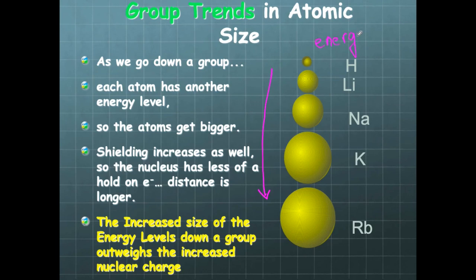Well, we know that the energy level is increasing. So there are 3 factors. Again, remember, atomic size depends on 3 factors. Energy level is increasing. Yes, the number of protons in the nucleus is increasing, but energy level plays a much stronger role in the size as compared to the nuclear charge as we move down a group. And also the shielding effect is increasing.